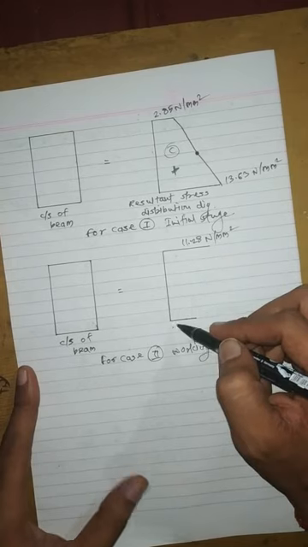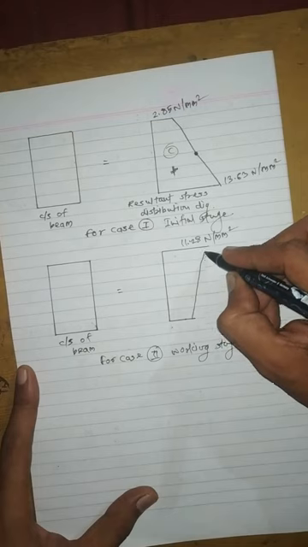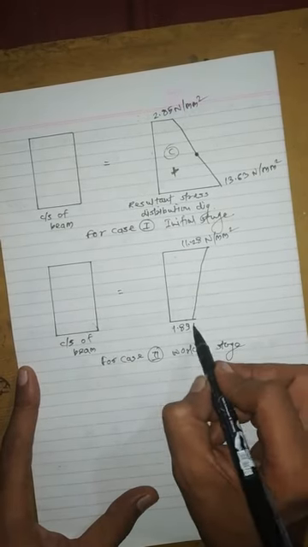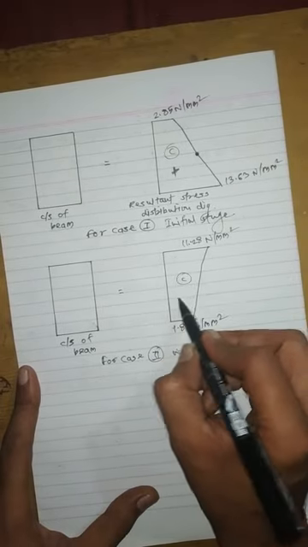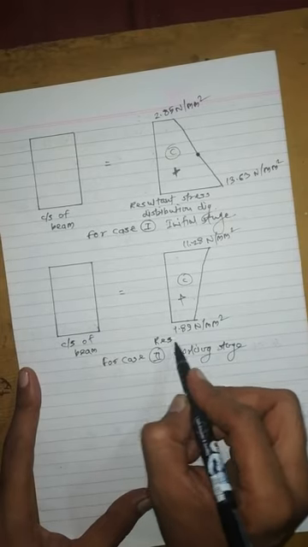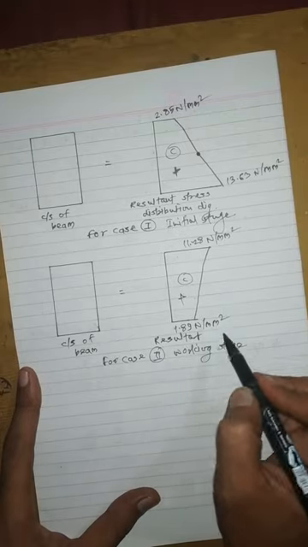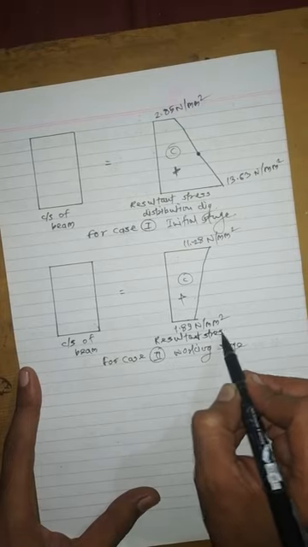Then at bottom it is 1.89 Newton per mm square. Again nature is compressive, so here compressive means plus. This is the final resultant stress distribution diagram for working stage.